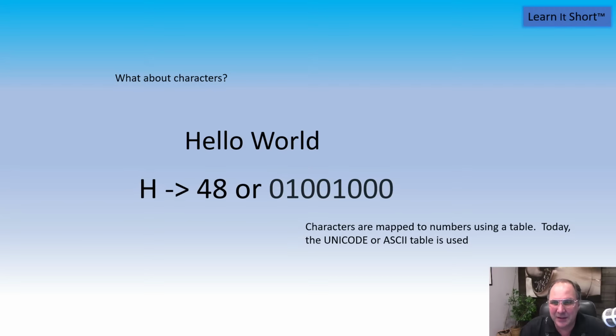It's about 27 or 28 plus that, so 70 something, I would guess. So the lowercase and the uppercase letters are mapped, as well as punctuation characters, semicolons and dots and tabs and all kinds of things like that. They're assigned a numeric value.